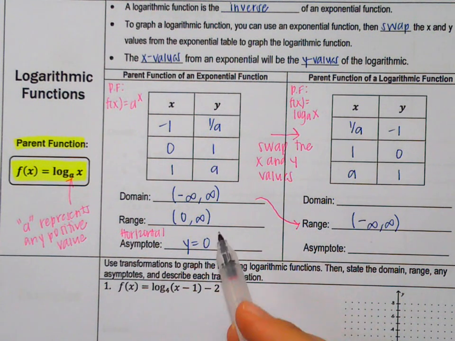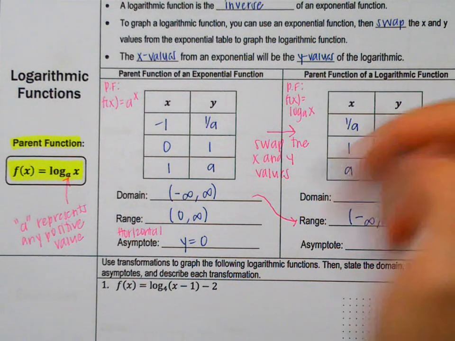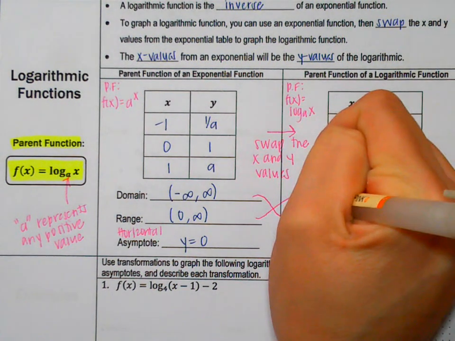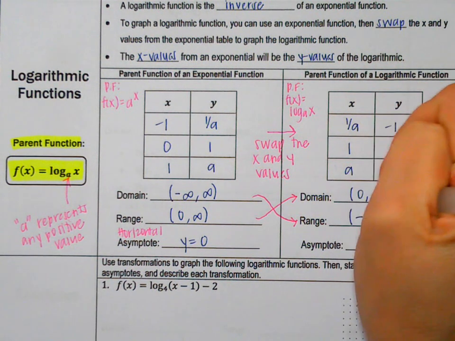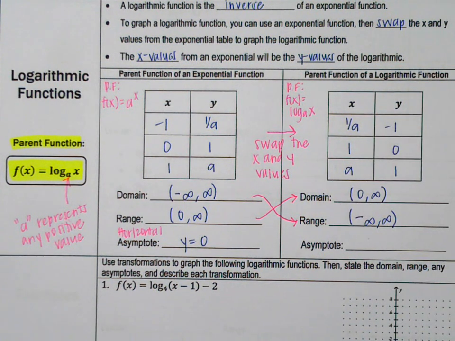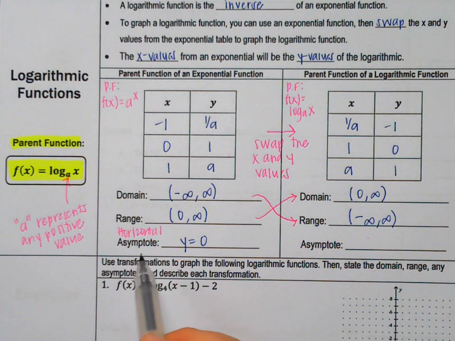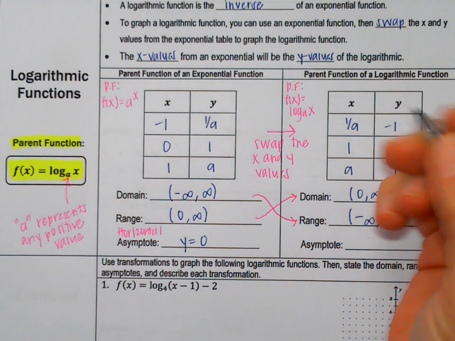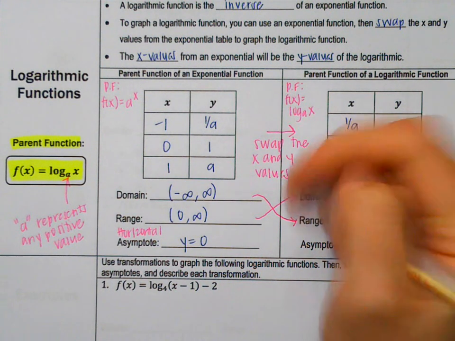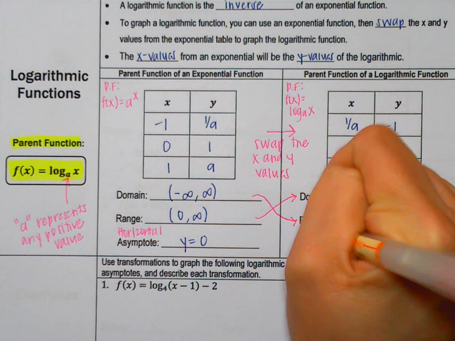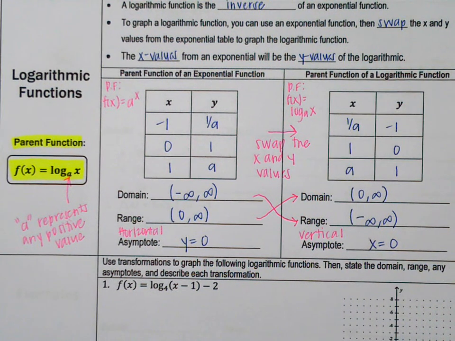The range of my exponential is equal to the domain of my logarithm, so it's going to be 0 to infinity. Now, this one also has an asymptote. The exponential had a horizontal asymptote, but we switched the x's and y's. So if that is y equals 0, this asymptote is x equals 0, which means this is a vertical asymptote.